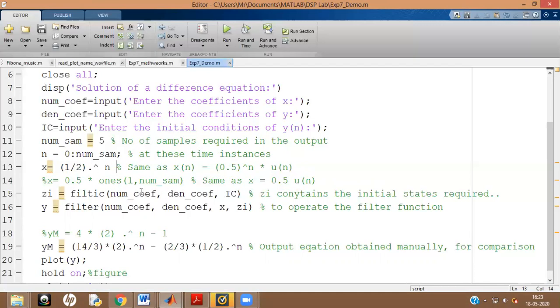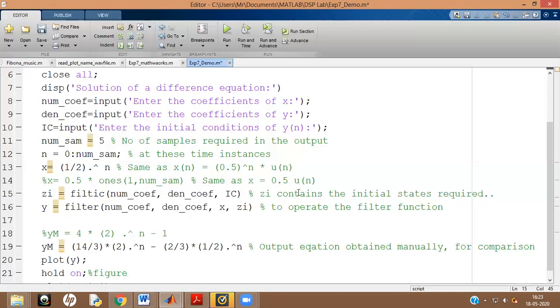Now these are the main two functions that we are going to use. filtic is one inbuilt function which uses the numerator coefficient, denominator coefficient and the initial condition that you have given.